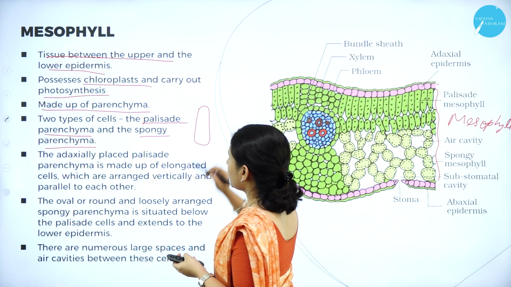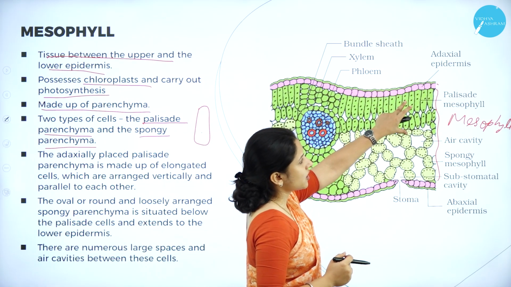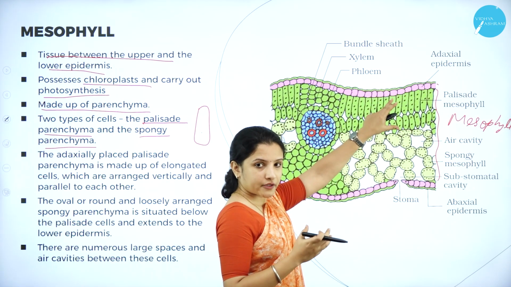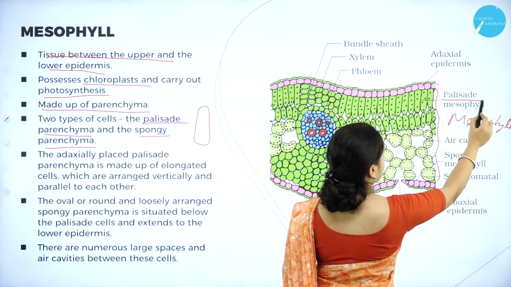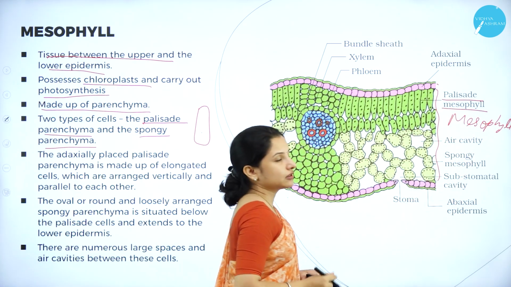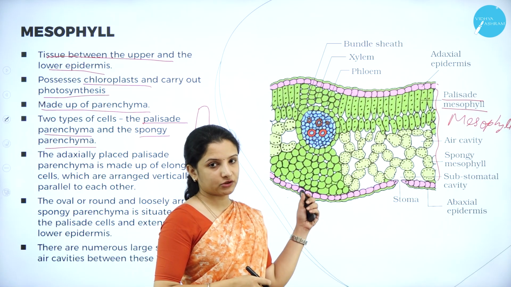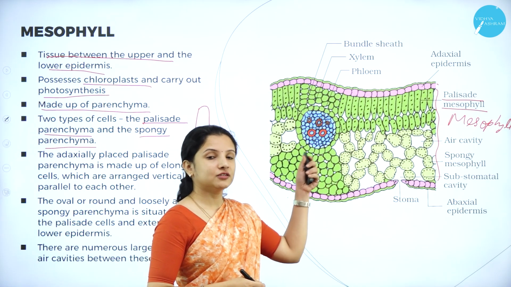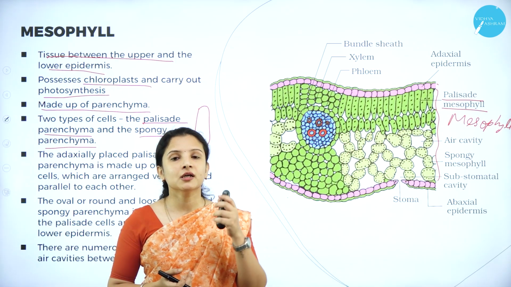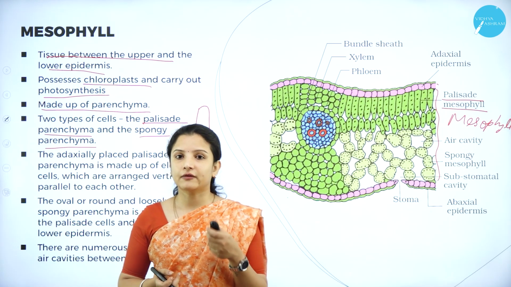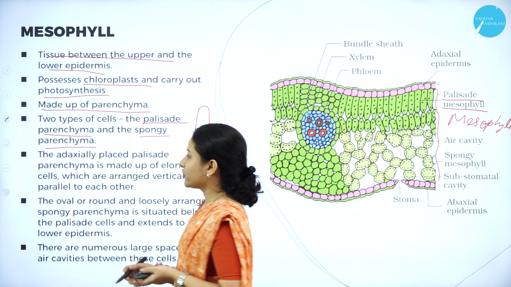Those cells which are long in nature are called the palisade parenchyma. And because the cells are present in the mesophyll region, it is called the palisade mesophyll. So the palisade mesophyll is made up of palisade parenchyma. What is there inside this palisade parenchyma? It has chloroplast, which gives the green color pigment to the plants.